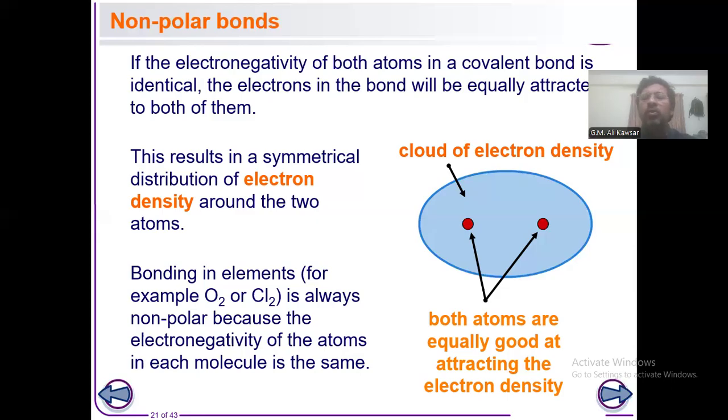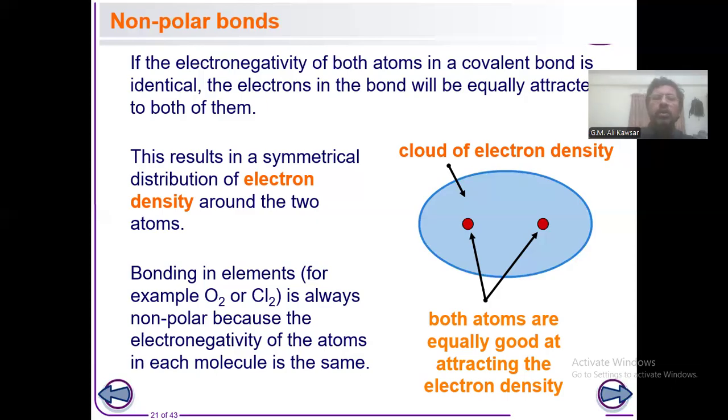In that case, we will see a very symmetrical shape of the electron density around the nuclei of the two atoms, with the shared electron pair between them. I hope you understood, guys.